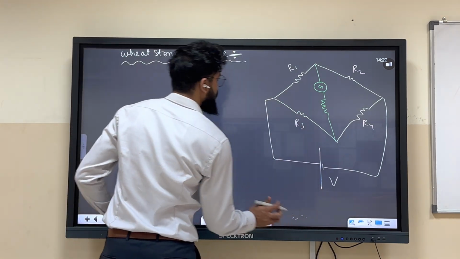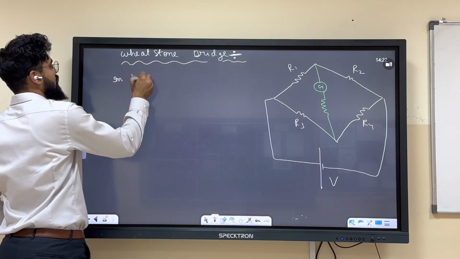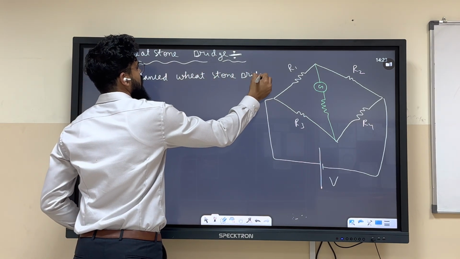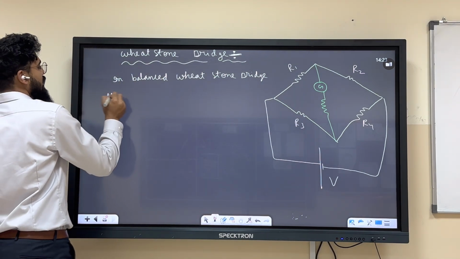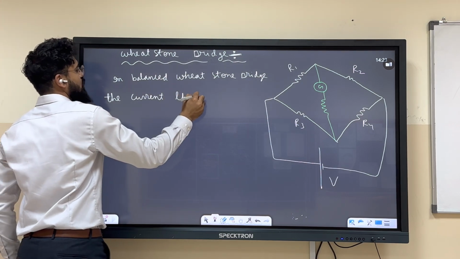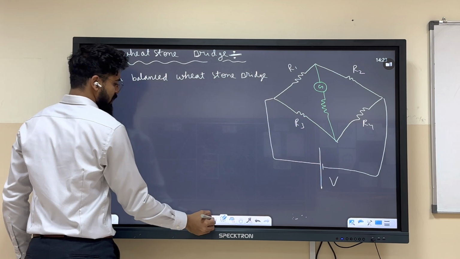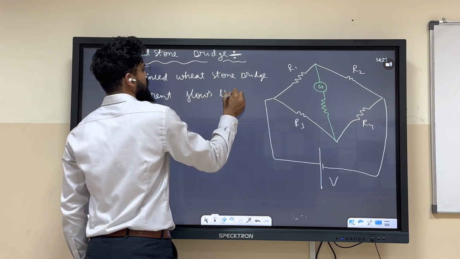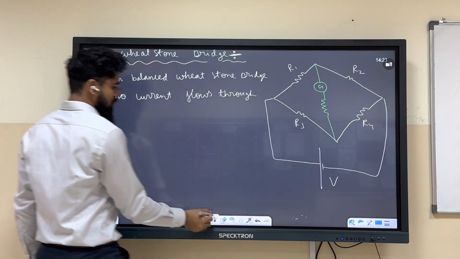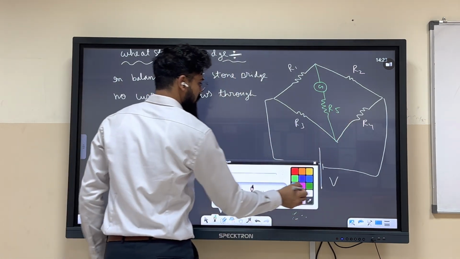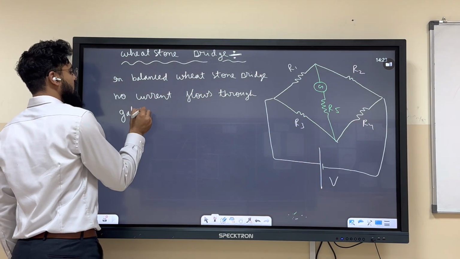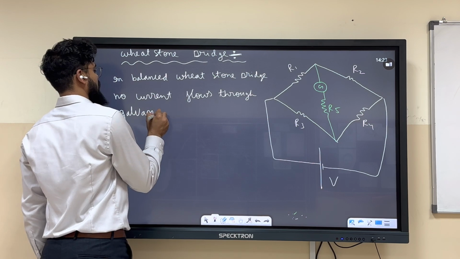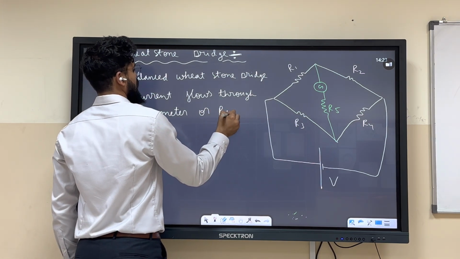In a balanced Wheatstone bridge, no current flows through R5, the galvanometer.